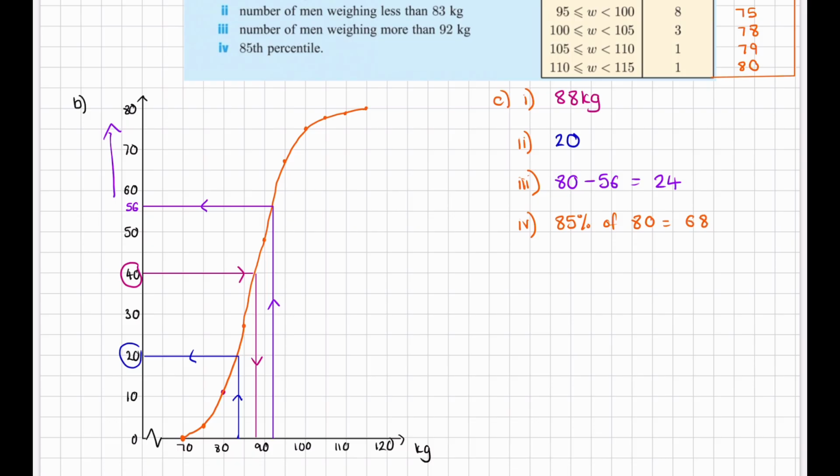And now we can read off at our frequency of 68 to work out what weight that is. So 68 will be roughly about there. Read across, and then down. And in this situation, that will be about 95, 96 kilos. So just make your best guess based on your cumulative frequency graph. And that is cumulative frequency.